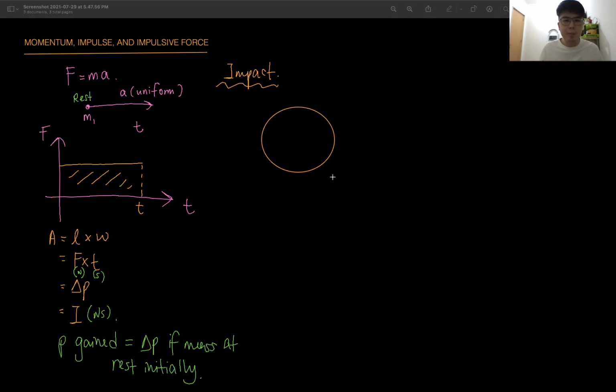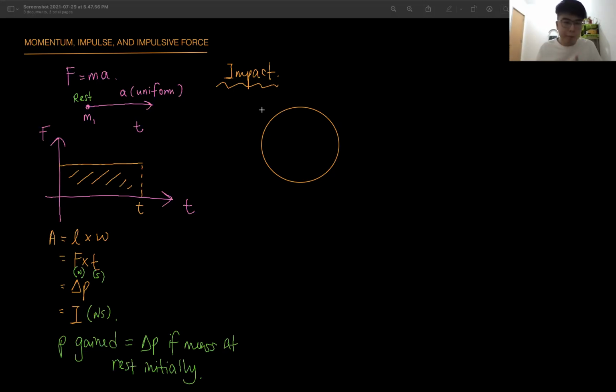Let's say this is a ball, and the ball is not very hard, it's a little bit flexible, meaning that it can deform, you can press it. So this is the surface of the ball. Let's say I kick the ball. Imagine that we put it into slow motion, taking millisecond frames.